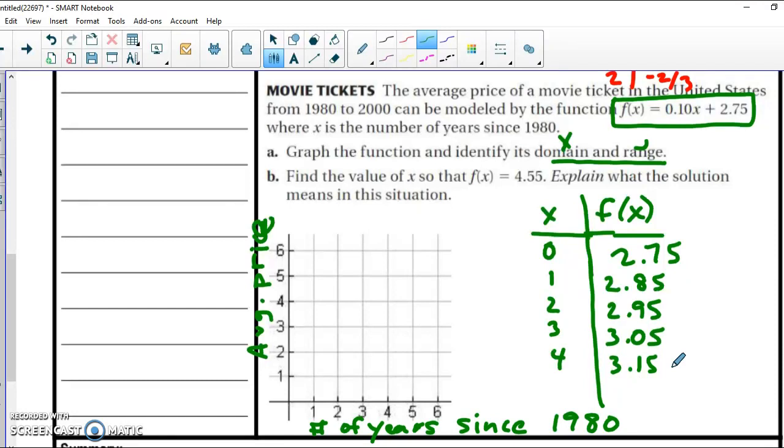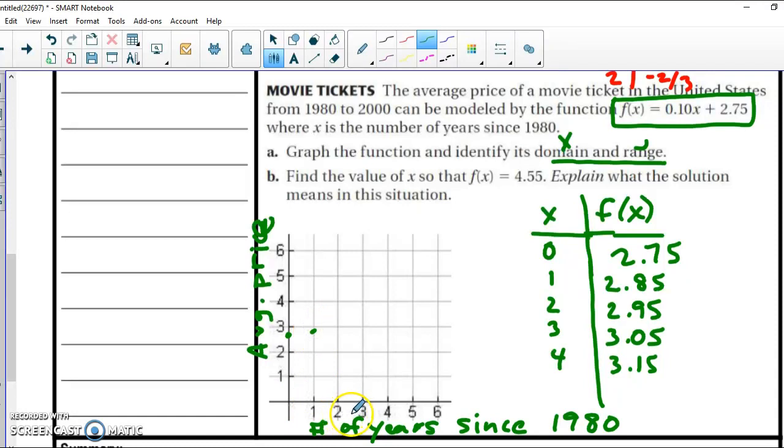So best case scenario is really I would have graphed all the way up to the year 2000. But since my scale was already listed on this graph, we're just going to look at these couple years here. So let's plot these points. I'm going to go over 0 and up 275. Then over 1 and up 285.